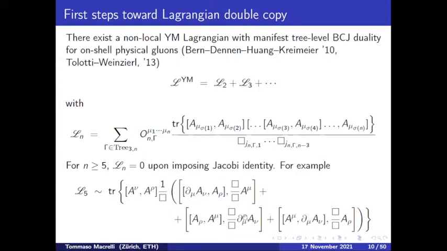Actually, in their paper, the first steps are already performed in the Bern-Dennen-Huang paper, and then Tolotti and Weinzel constructed an algorithm to write this action for arbitrary n, and this is, in a sketchy way, the general expression that you have at order n.